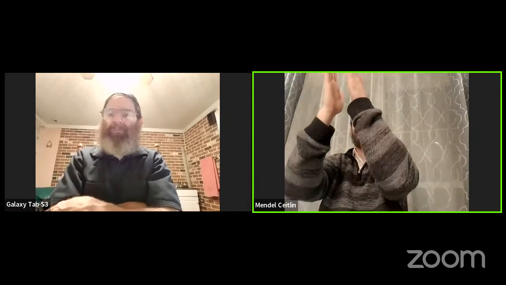The width, meaning the face of it. So not the width of the doorway, but the width of the doorpost, the face facing you, has to be at least 1 tefach wide.